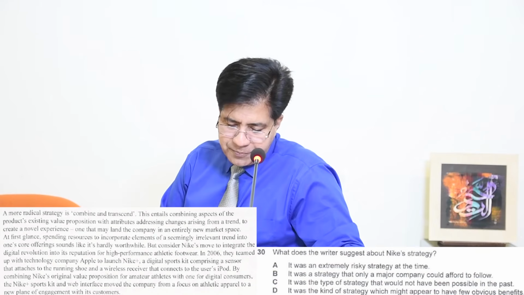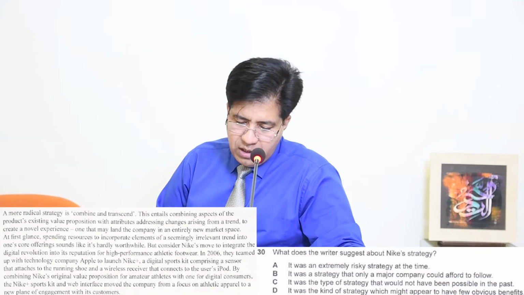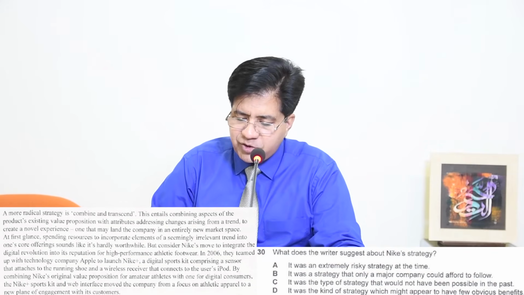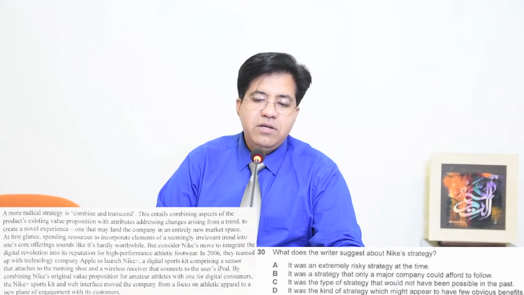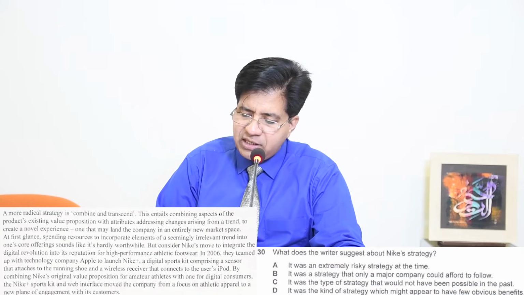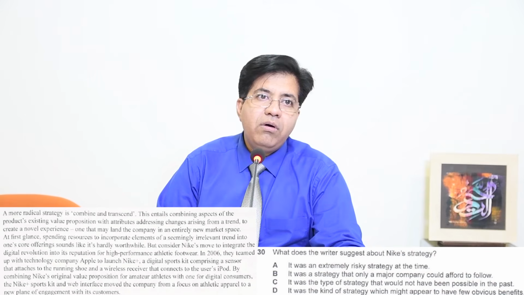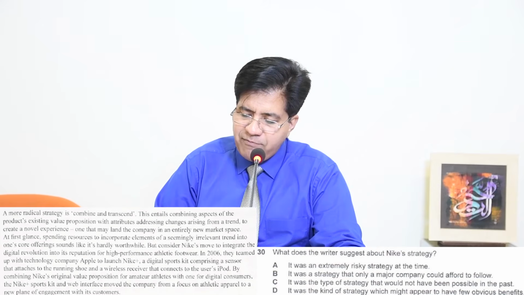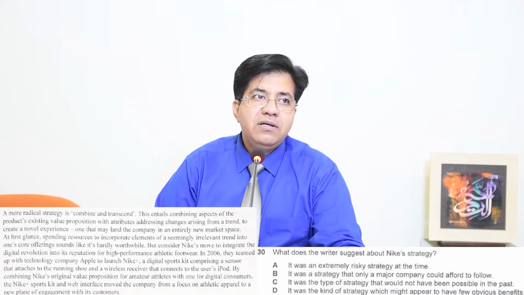Now let's come back. What does the writer suggest about Nike's strategy? Option A, it was an extremely risky strategy. No. Option B, it was a strategy that only a major company could afford to follow. No. 50-50, huh? C, it was the type of strategy that would not have been possible in the past.